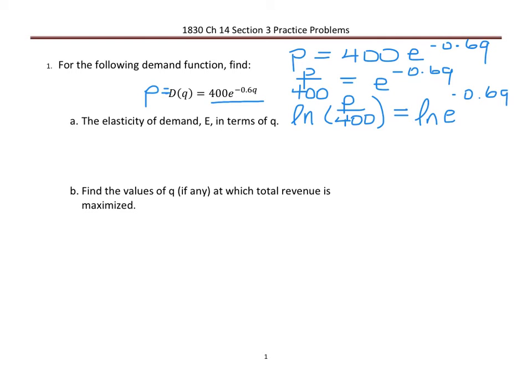And now that we have that, we're going to take advantage of another property of logarithms that says that if you take the natural log of something that's raised to a power, then you can equivalently bring that power down in front. And so we bring negative 0.6 q down in front of the natural log of e.